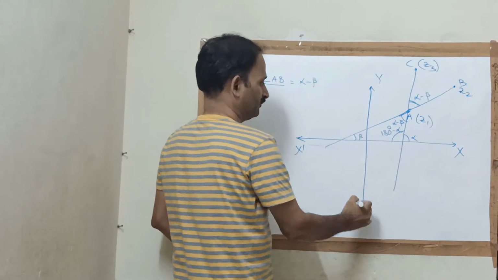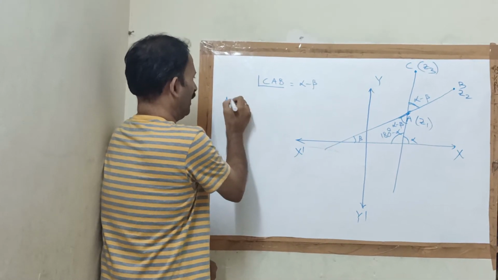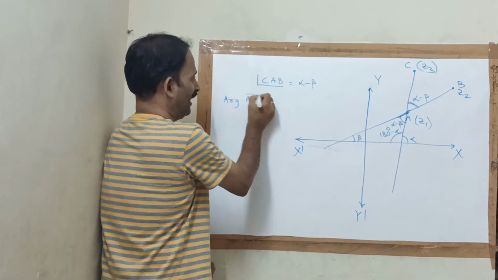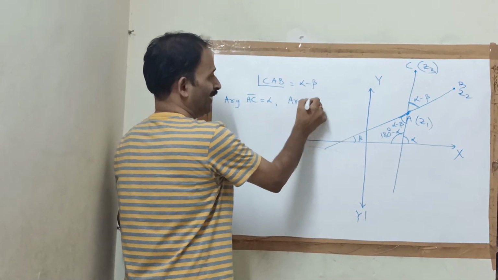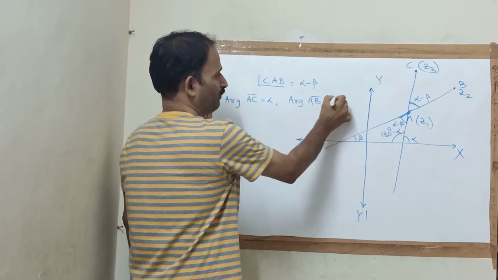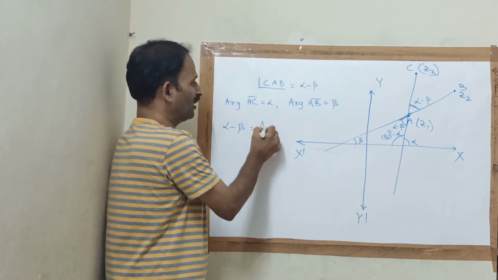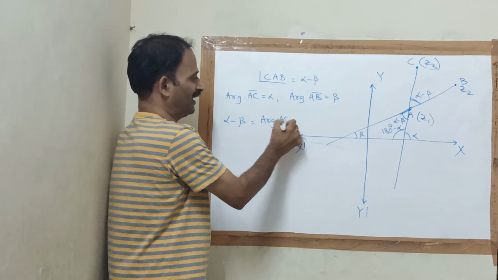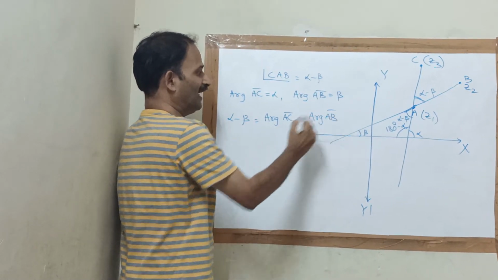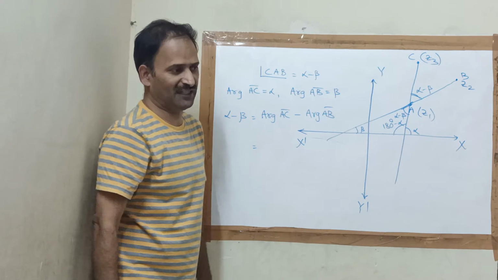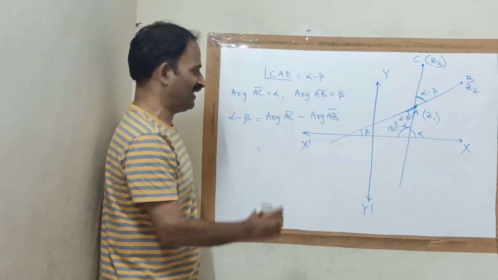Argument of AC bar equals alpha, argument of AB bar equals beta. Alpha minus beta equals argument of AC bar minus argument of AB bar. Here we know argument of z minus argument of z1 is argument of z by z1.